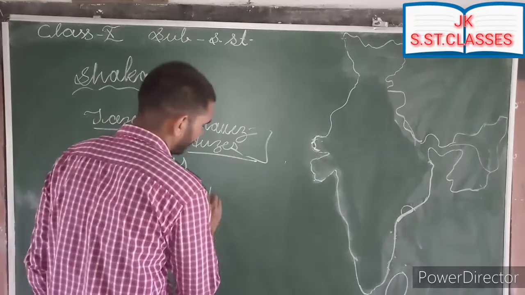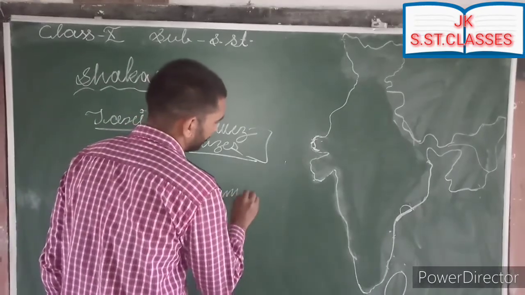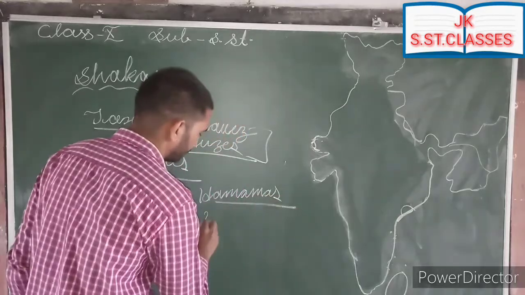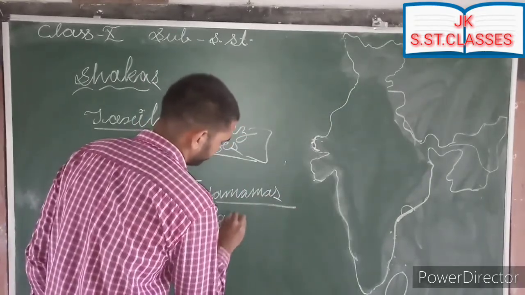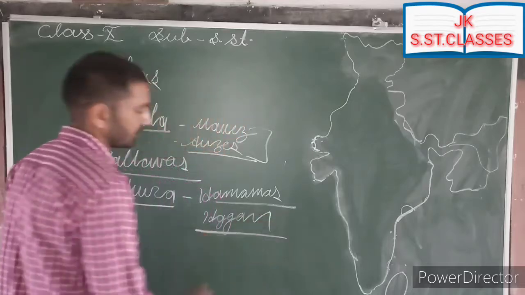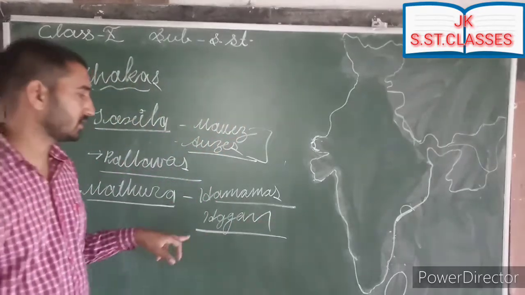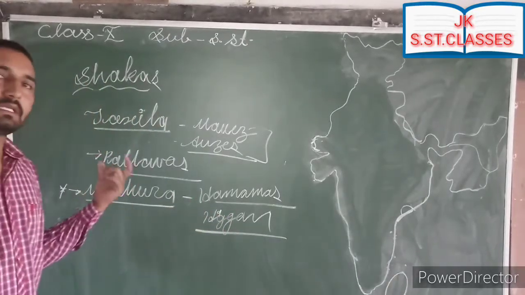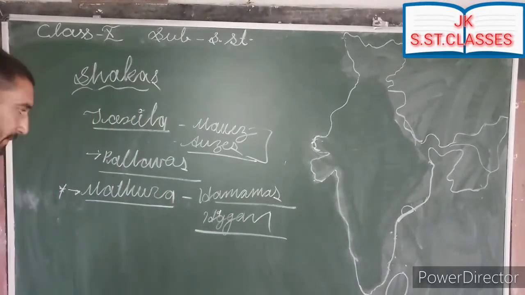They were Hamas and Hagan. Hamas and Hagan were the two initial major rulers of the Shak dynasty of Mathura.